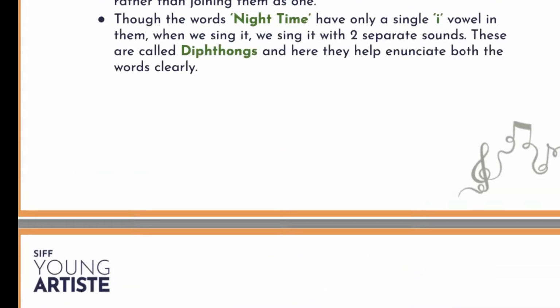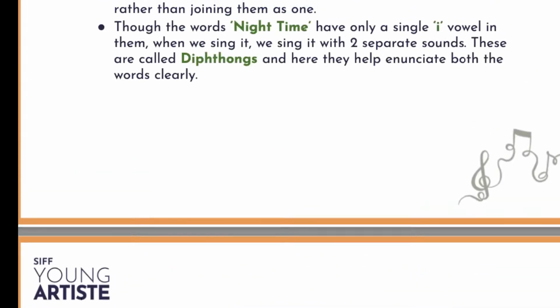And again, another thing with nighttime is that if you observe the way it's sung, even though the words night and time have only a single I vowel in them, when we sing it we use two separate sounds. I'm not singing it as night time, I'm singing night time.